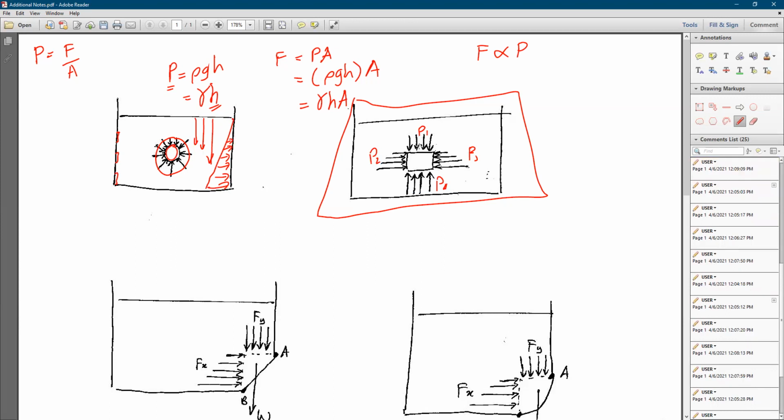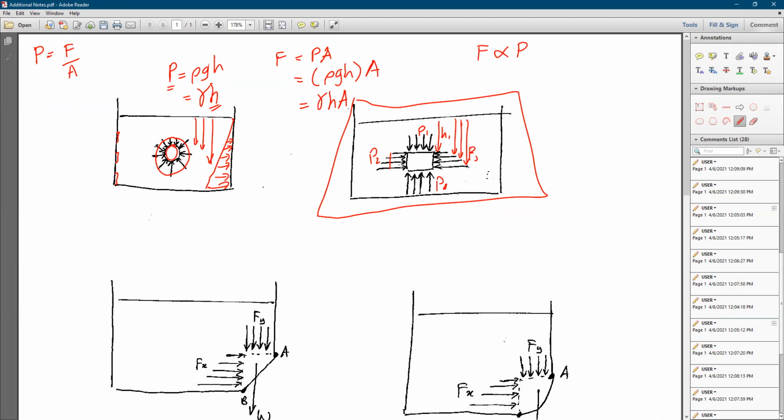P1 is slightly lower than P2, because P1 is based on this particular height, H1. If you go further down, you see that the arrow becomes longer and longer, because the height is increasing. Similarly on the left and right.